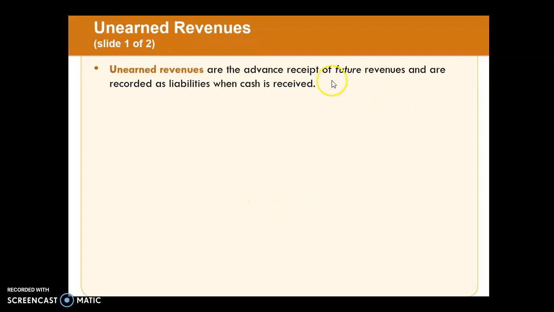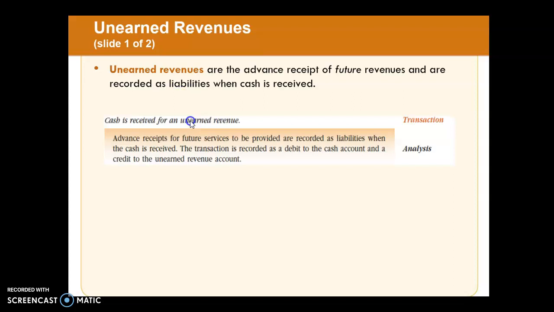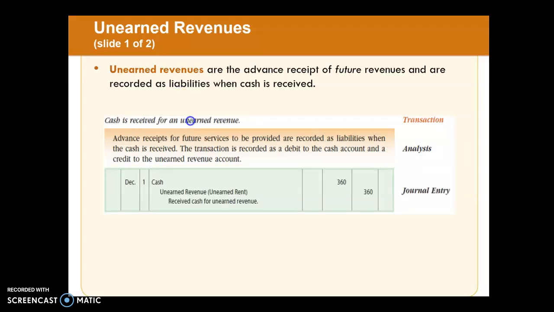So the cash you receive as an advance is not revenue, it is a liability. So what we have to record here is debit cash, credit unearned revenue. In this case, this example is unearned rent.